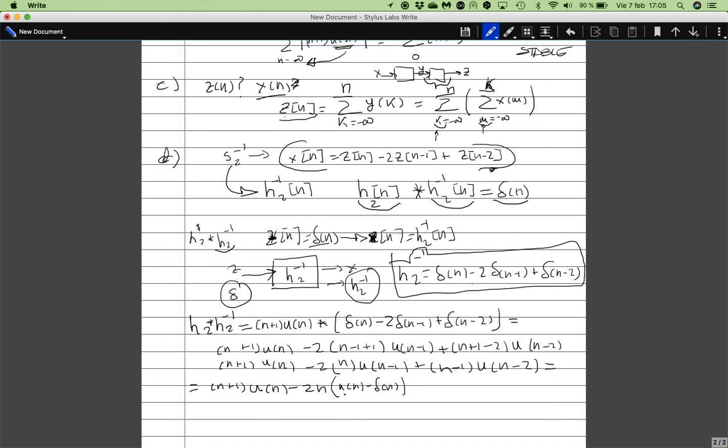If I take u[n], imagine the Heaviside step going to the right, and you take out the first value at 0, which is the delta, what you get is a Heaviside step displaced to the right by 1 unit. Draw it and you will see that u[n minus 1] can be expressed as u[n] minus delta[n].